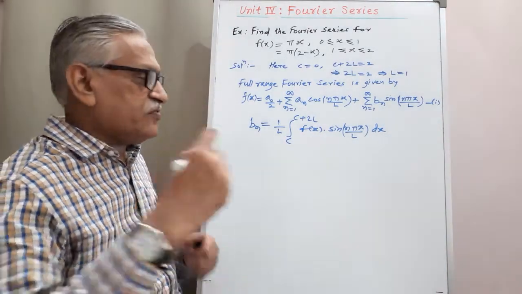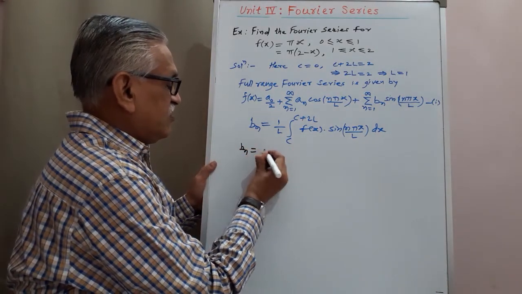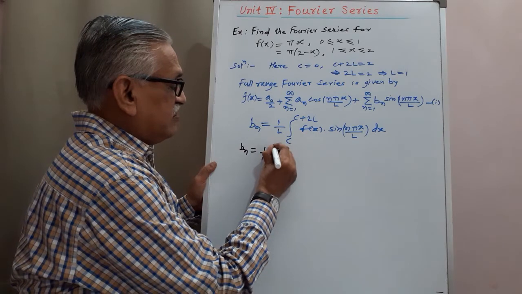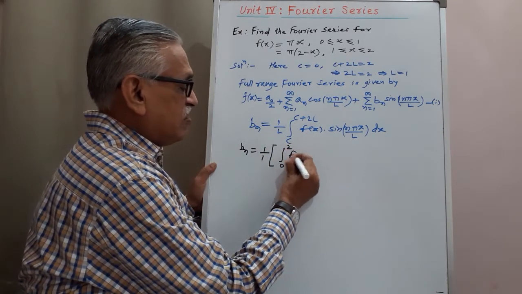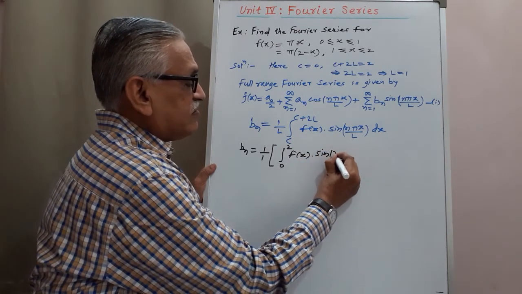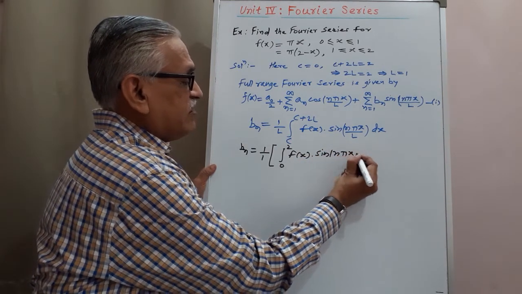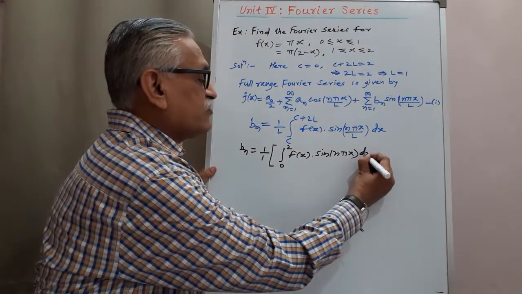Substituting the values, we get bn is equal to 1 by 1 integration from 0 to 2 f of x sine of n pi x divided by 1, we get sine n pi x only, and then its integration with respect to x.